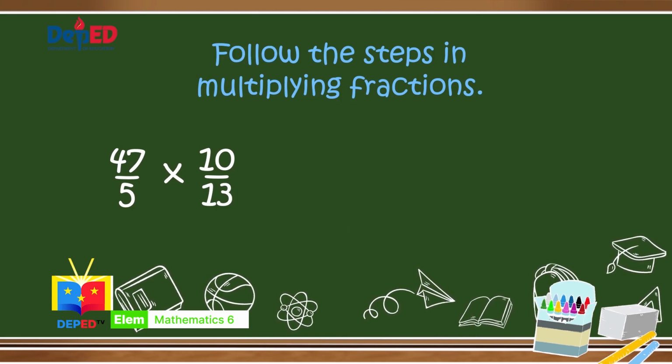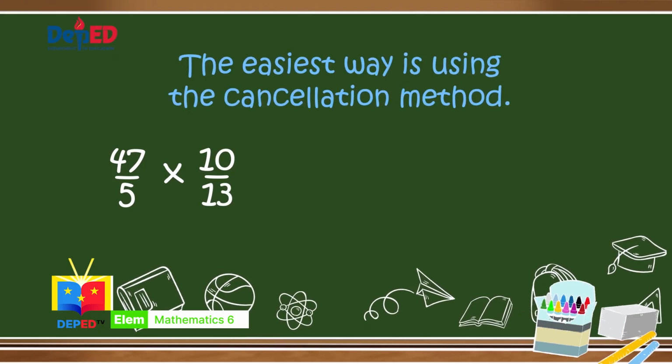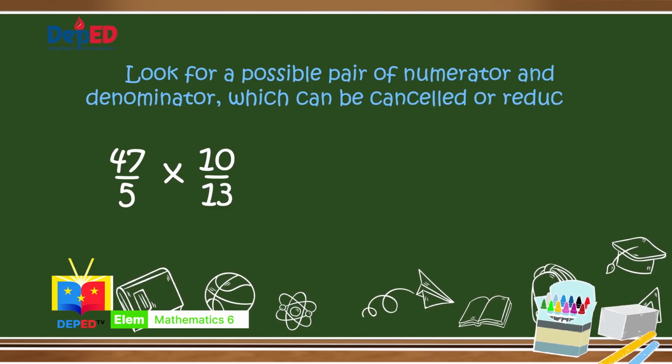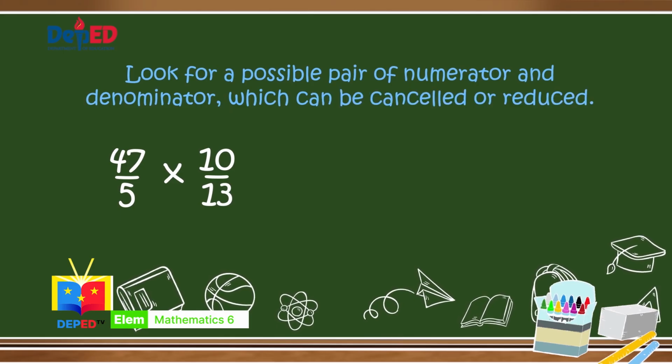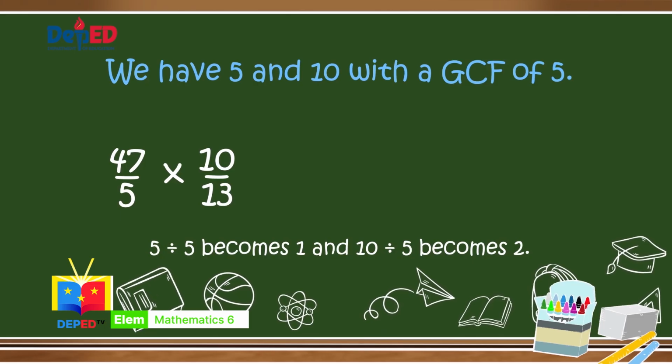The easiest way is using the cancellation method. Look for a possible pair of numerator and denominator which can be cancelled or reduced. Yes, we have 5 and 10 with a GCF of 5. 5 divided by 5 becomes 1. 10 divided by 5 becomes 2.